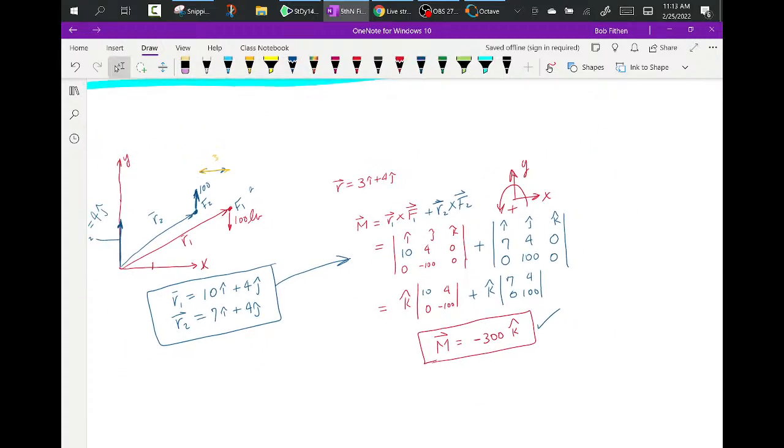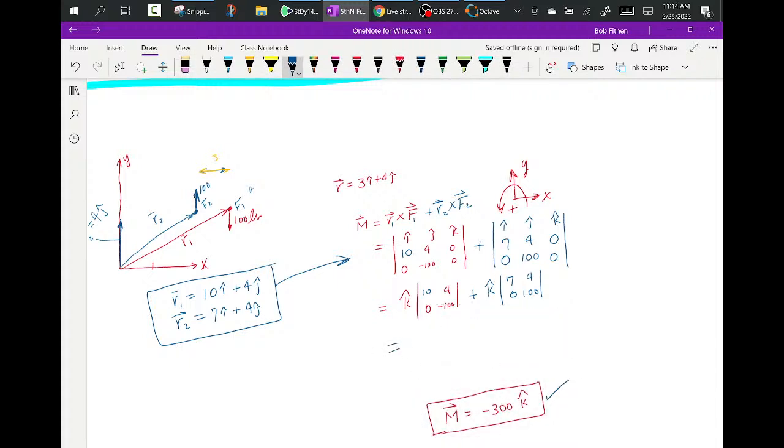So now, let's move this down. And now we need to work on this one. Okay. This times that, not going to give you anything, but that times that's going to give you minus 1,000. Okay. Plus, this and this gives you nothing, but that gives you 700k. Add those together and your moment from those two forces becomes 300.